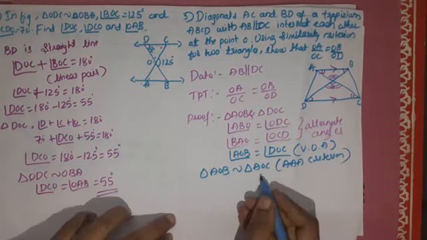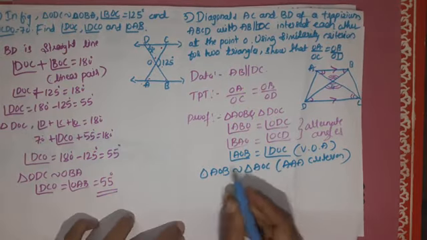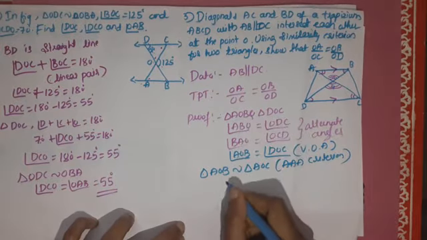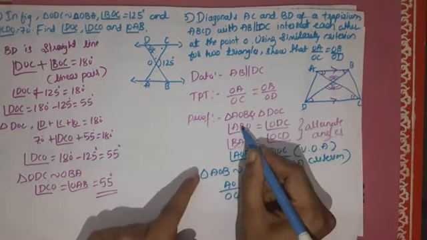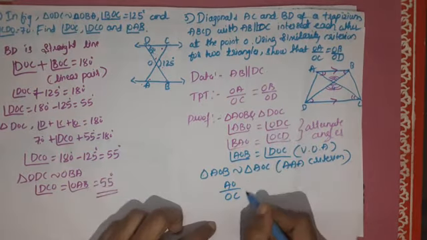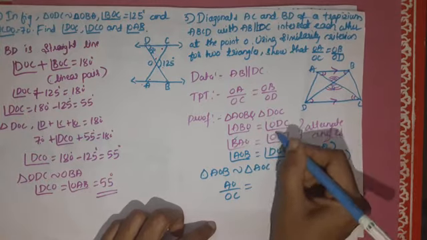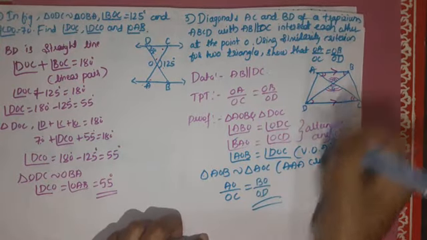If these two are similar, the sides are in the same ratio, that is AO by OC equals BO by OD. So this is the proof.